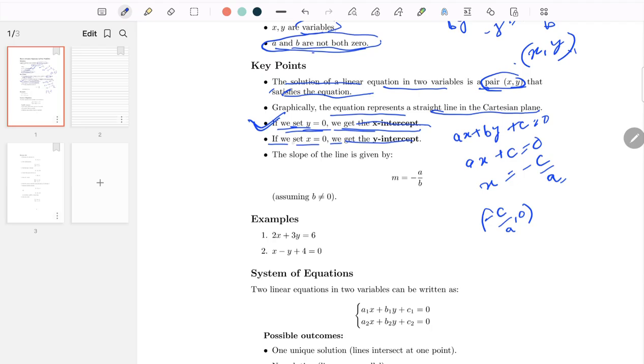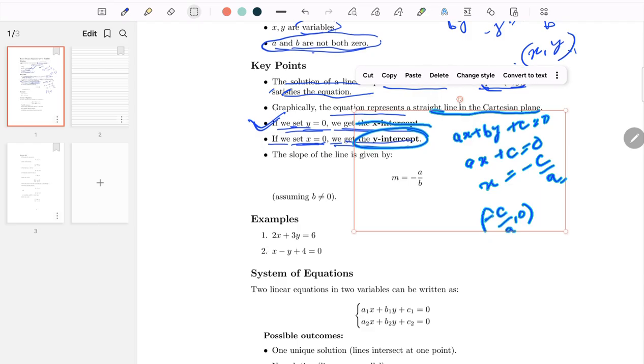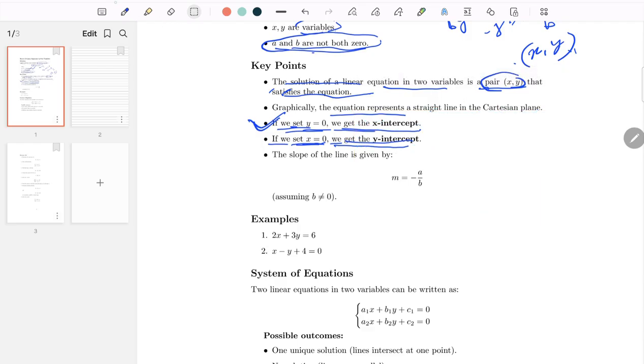Next, if we set x equal to 0, then we get the y intercept. That means if we put x equal to 0, we get by plus c equal to 0.